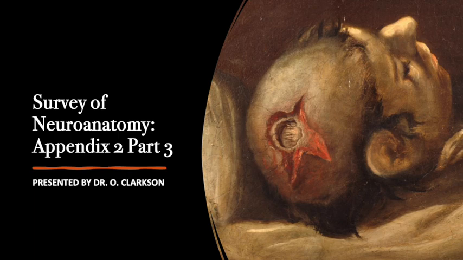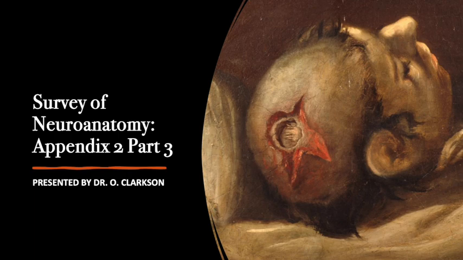So CSF, again, you find it in the subarachnoid space, in the arachnoid mater. It's also produced by a certain type of cell called ependymal cells. You find those within the ventricles, the fourth ventricle as well as the lateral ventricles, predominantly the lateral ventricles, part of the choroid plexus.